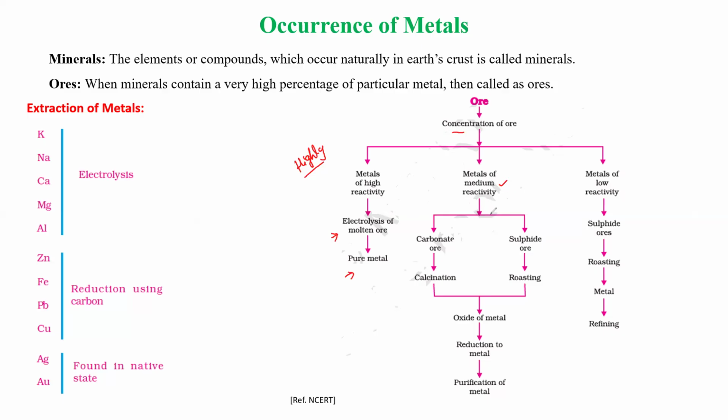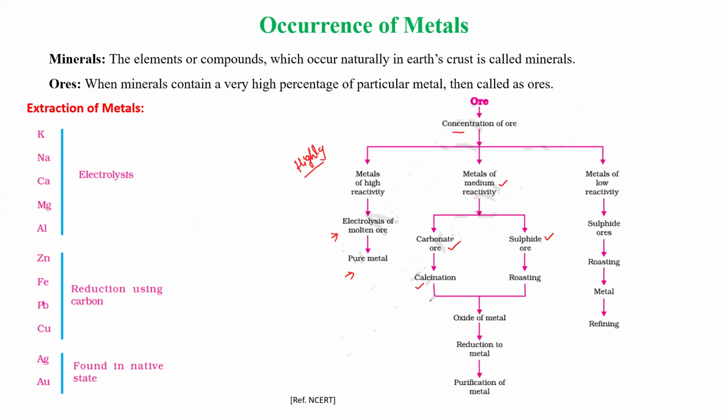In that case, these metals are available either in the form of carbonates or in the form of sulfides. When it is available in the form of sulfides, it goes under roasting. And when it is available in the form of carbonates, it goes through the process of calcination.